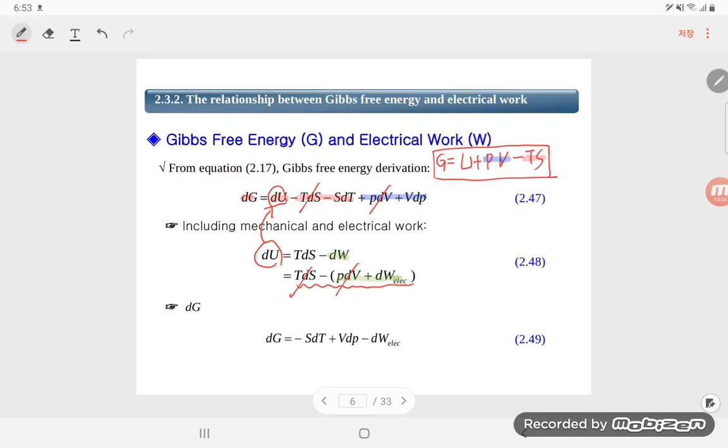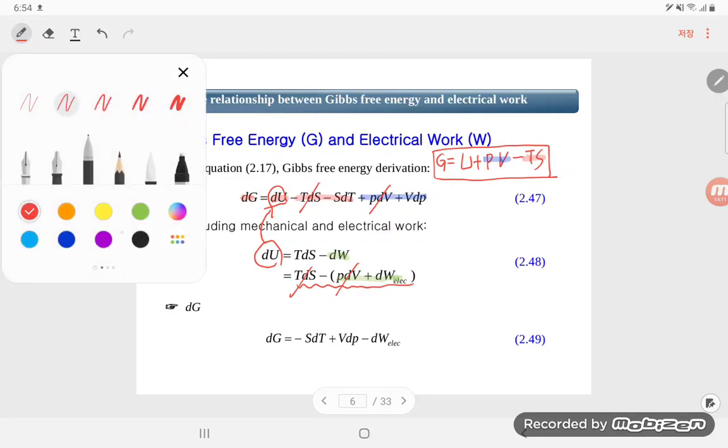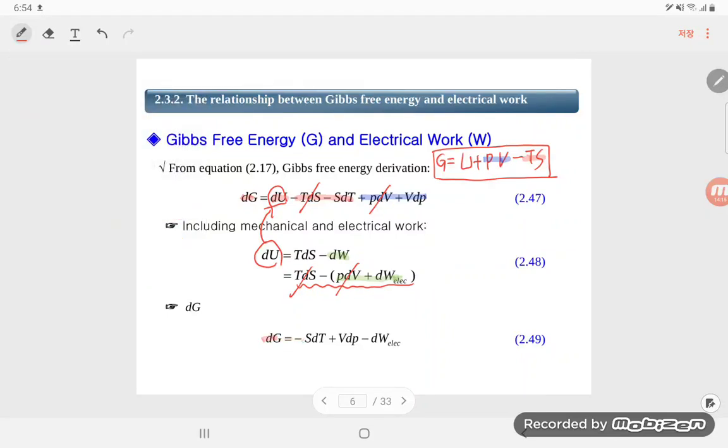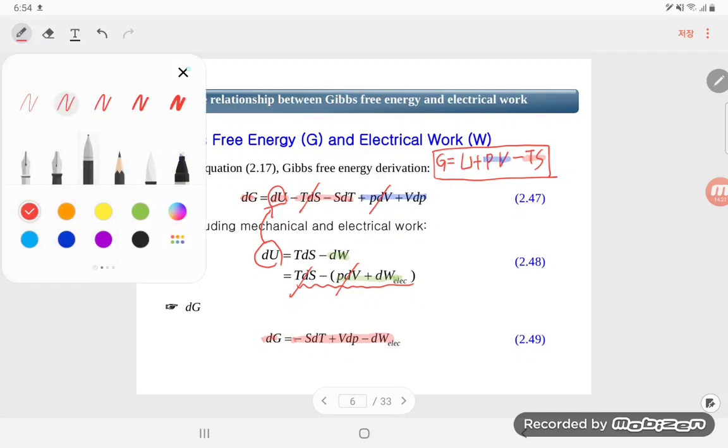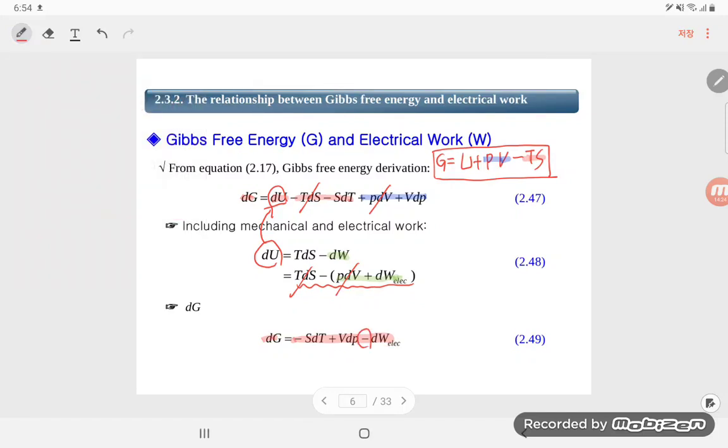So there are 3 remaining terms. So dG equals minus SdT plus VdP minus, okay, that is very important, minus dW electric.